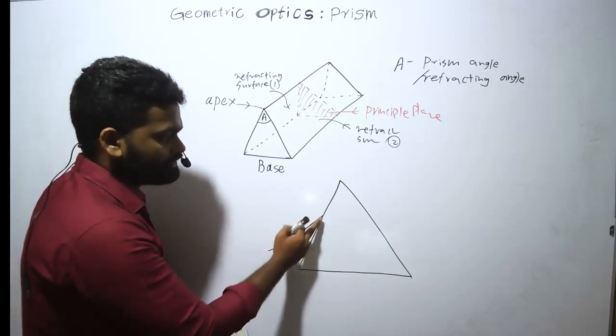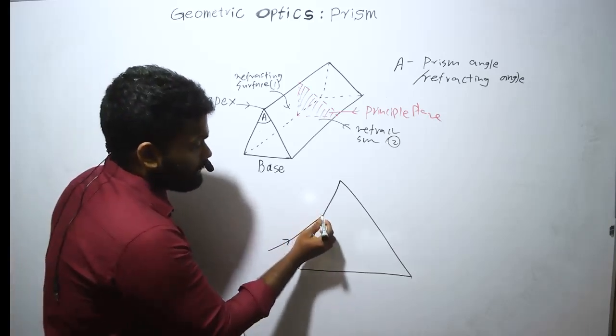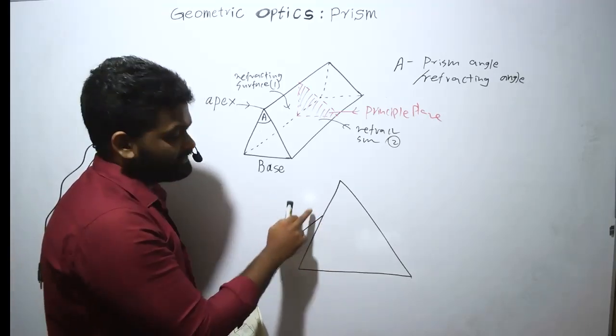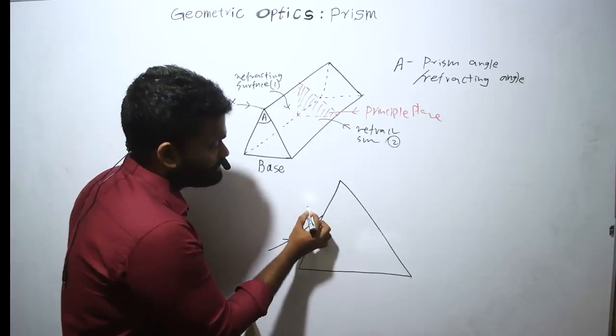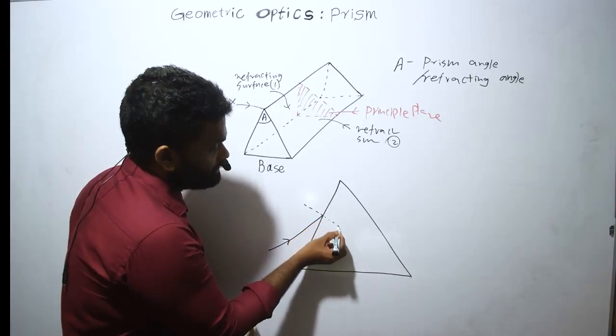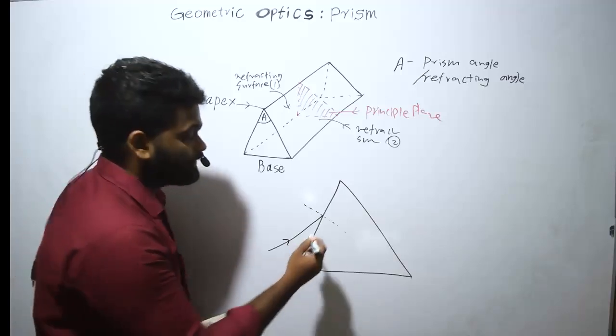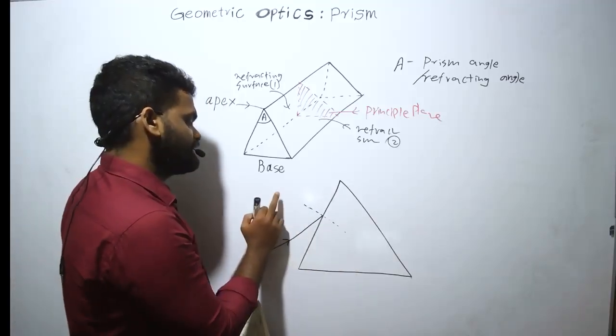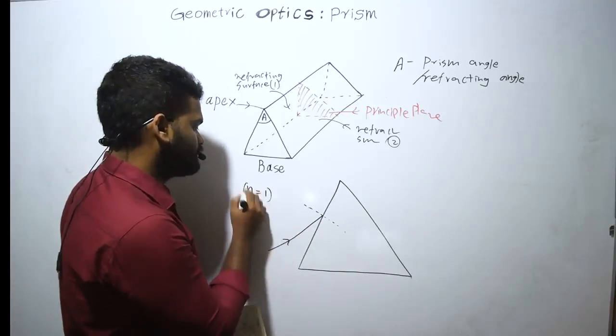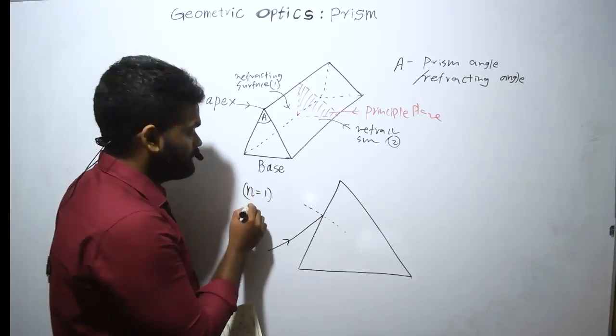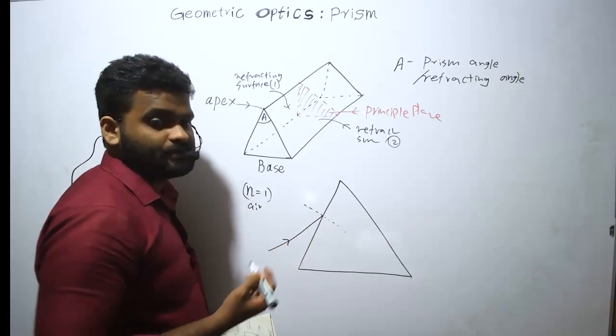This is called the incident ray. So whenever that is the case, there's a refraction. You always draw this normal, right? To figure out the direction of the light ray after refraction. So usually this is air, right? Refractive index 1. Let's say this is a glass prism, right?